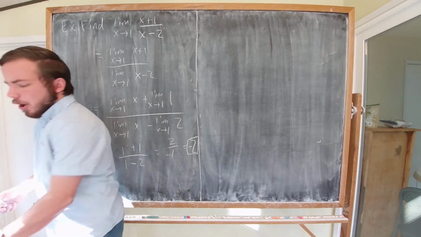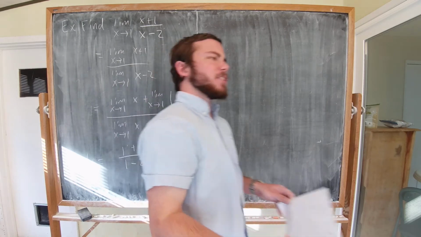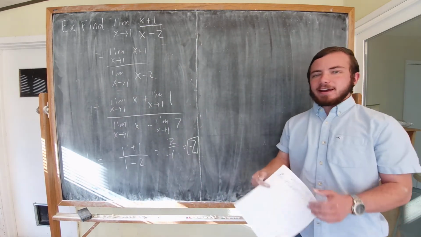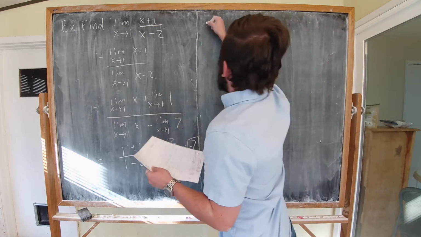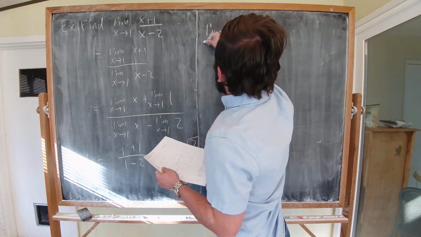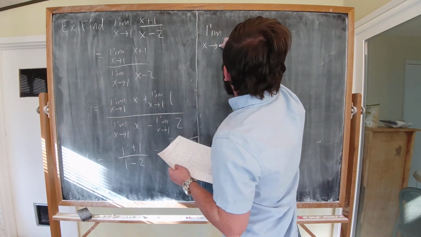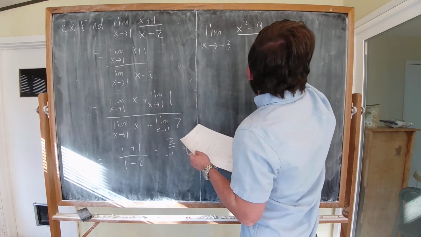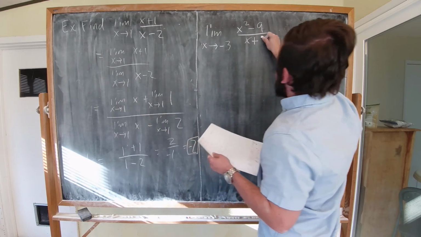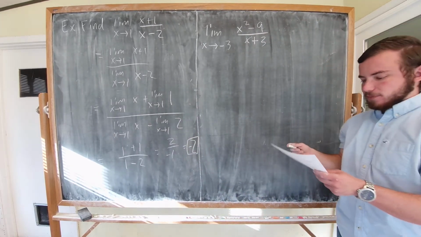Let's go to our first limit, the original one that we did, and try to compute it using our limit laws. The limit as x goes to -3 of x squared minus 9 over x plus 3, and hopefully I can avoid dropping negative signs here.